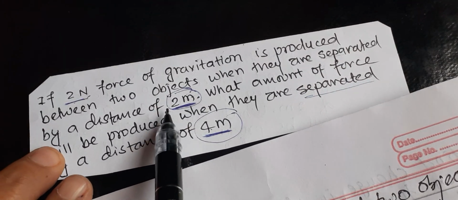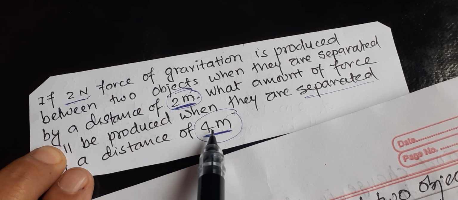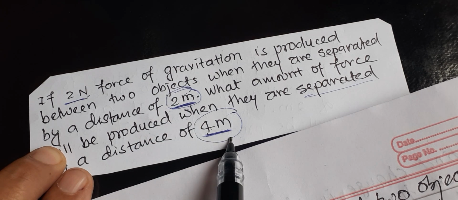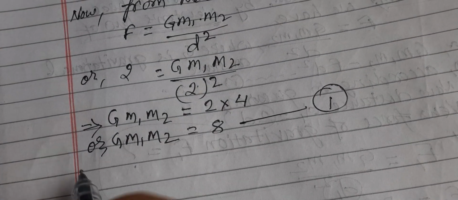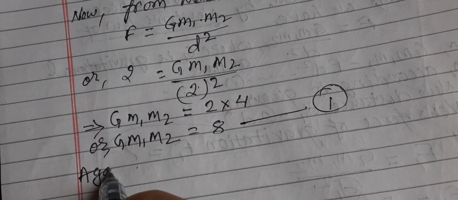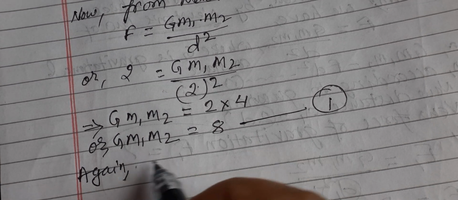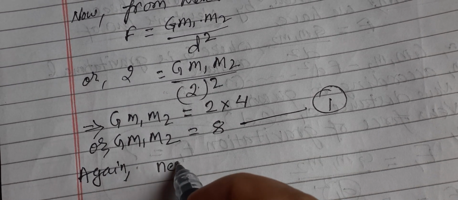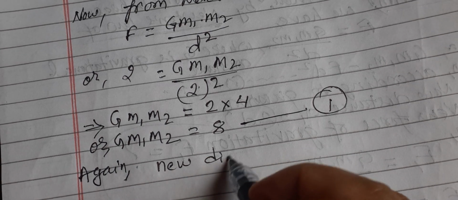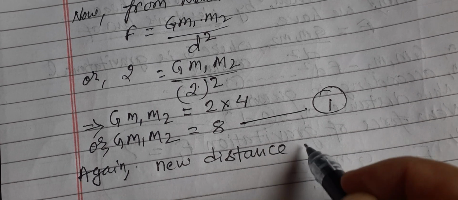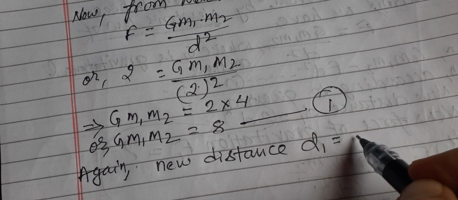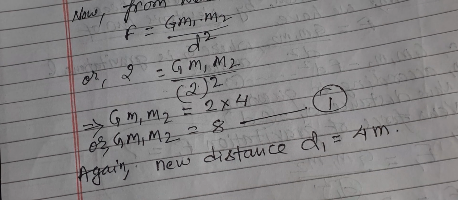Now we look at the conditions. The distance is changed to 4 meter from 2 meter. Okay, so what we have here, again we have that the new distance d1 is 4 meter.